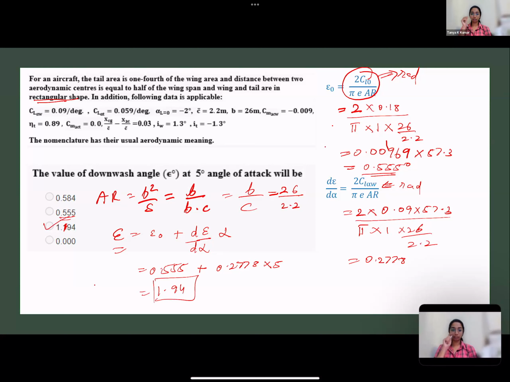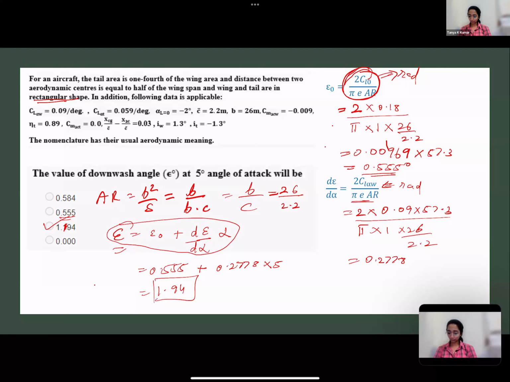They've asked you the value of the downwash angle, not just epsilon naught, the entire thing. So you are using this linear approximation: epsilon naught plus dou epsilon by dou alpha into alpha. Keep in mind what units you should use here. This equation gives you radians, and this equation takes the input in per radian.